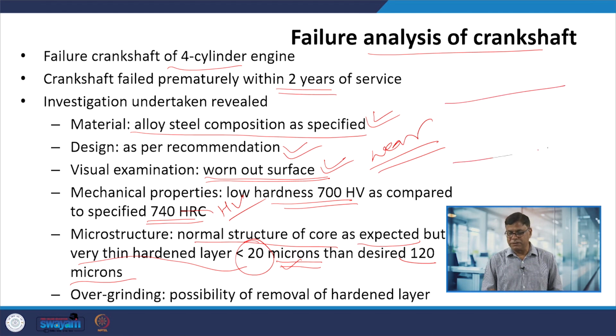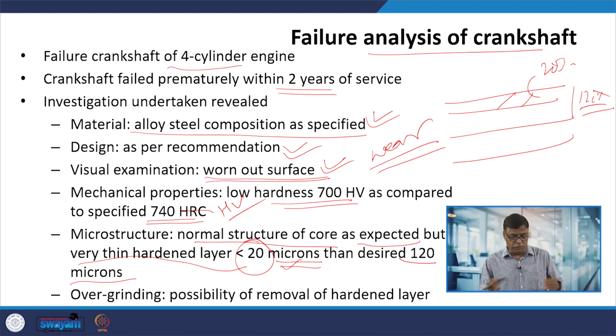So, the crankshaft surface was modified to just 20 micrometer rather than the specified 120 micrometers. So, the case hardening was not proper. The modification of the surface was not up to the desired depth.